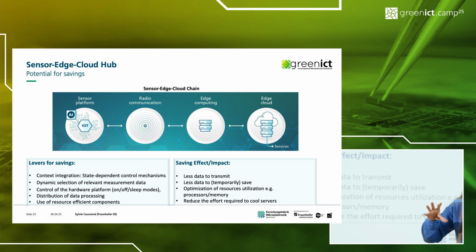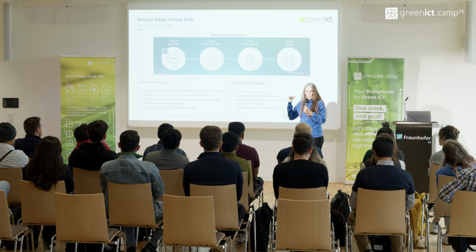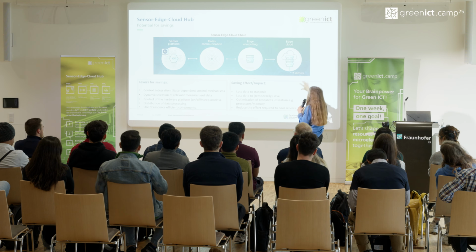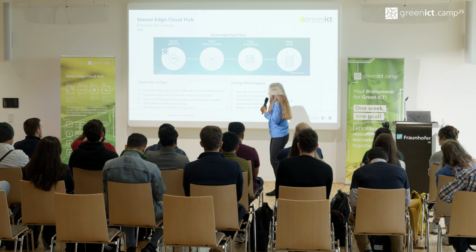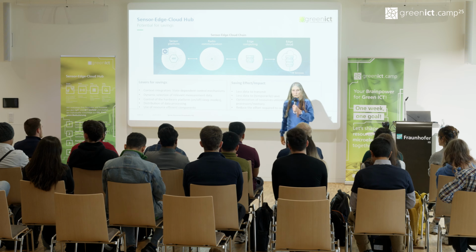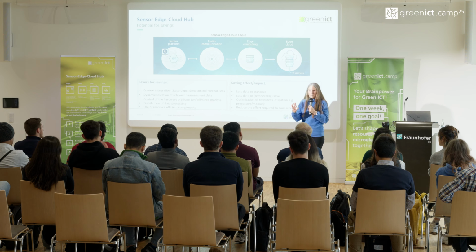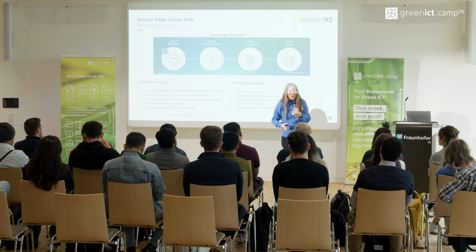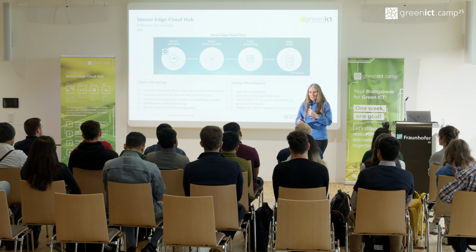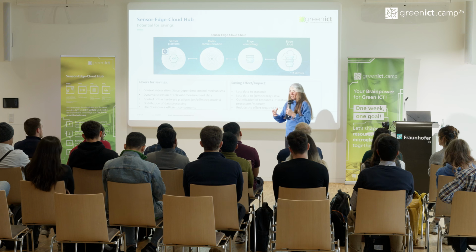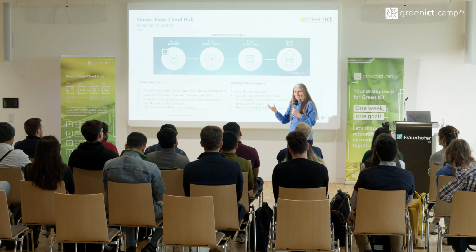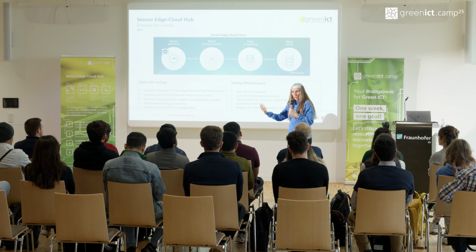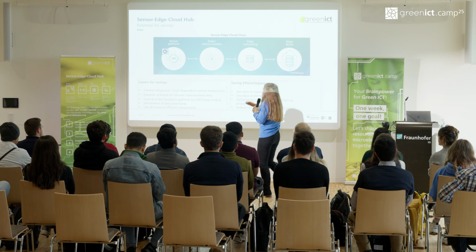A dynamic selection of the information that will go through the chain. What is relevant? Do we need to keep every measurement? Do we need to save them in memory? Can we extract the information from another source and not send any raw data? Such kind of ideas behind.